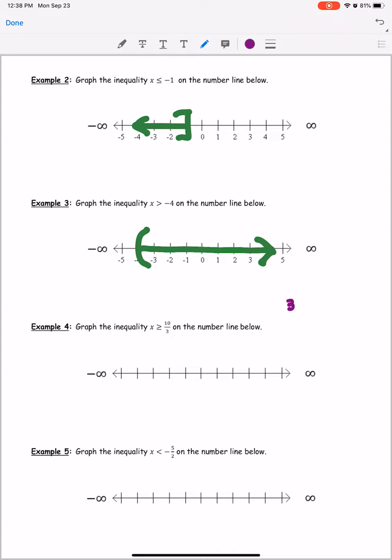This means you have 3 on the outside, 10 over here. 3 goes into 10 3 times, multiply it back out, we get 9, subtracting, we get 1. So this is the same as x is greater than or equal to 3 and 1/3. My remainder, 1, and keep the same denominator.